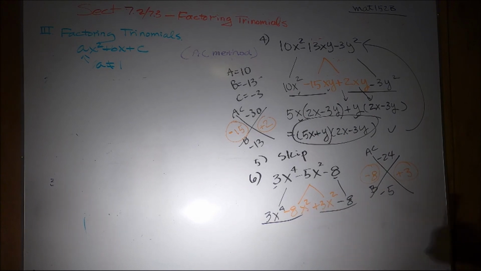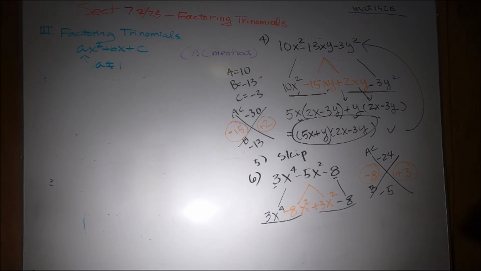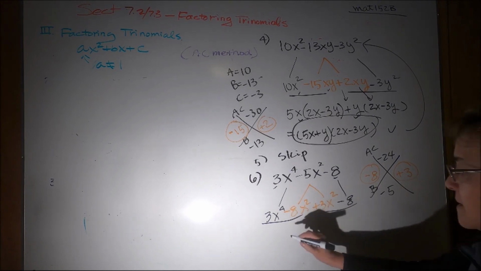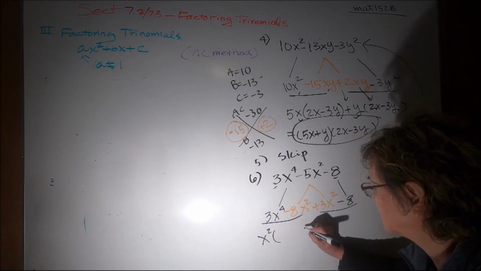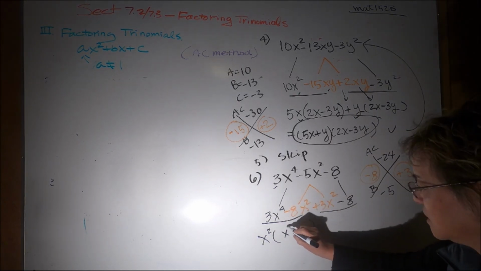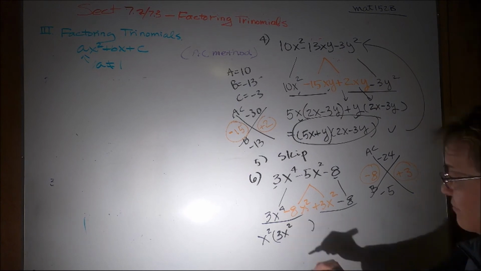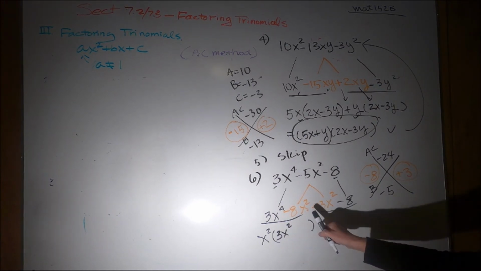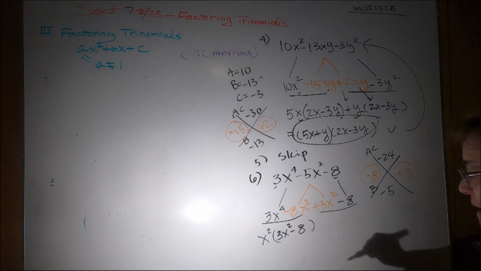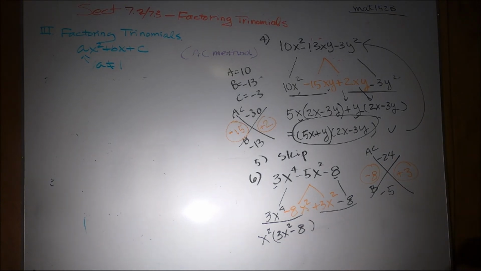Then for the first group, what do you have? For the GCF, 3 and 8, nothing. X fourth and x squared, you do have x squared, right? So x fourth, take x squared out, you have x squared left, and that's 3. And this one, x squared, you take out, then you only have -8 left, right?